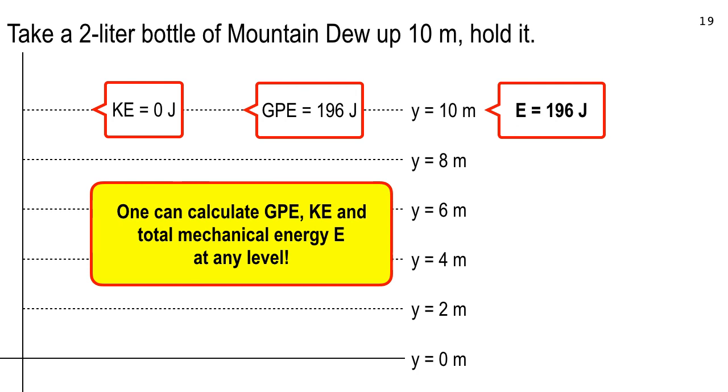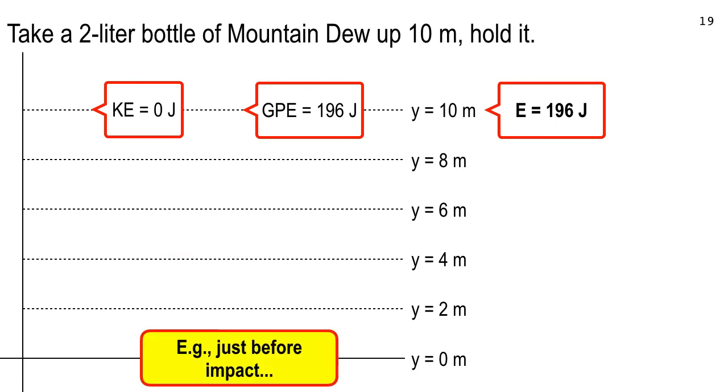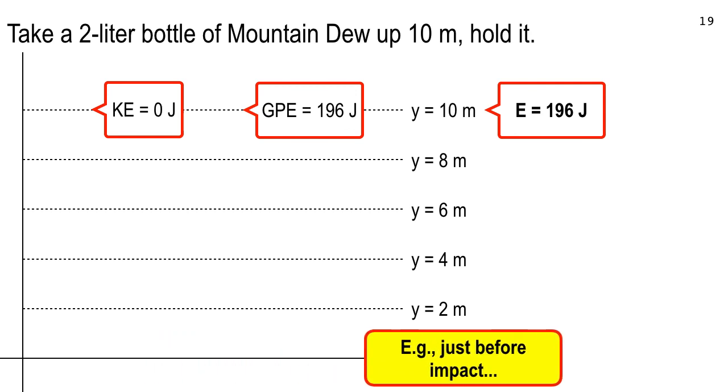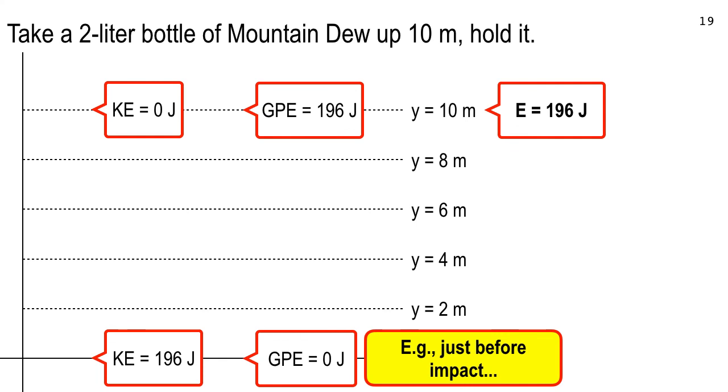So down here, just before impact at y equals 0, the kinetic energy is everything. It's now completely converted to kinetic just before impact. So 196 for kinetic and zero for potential energy.